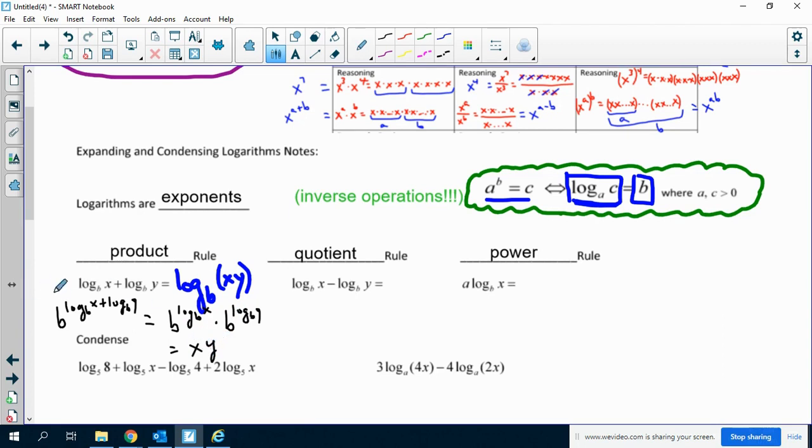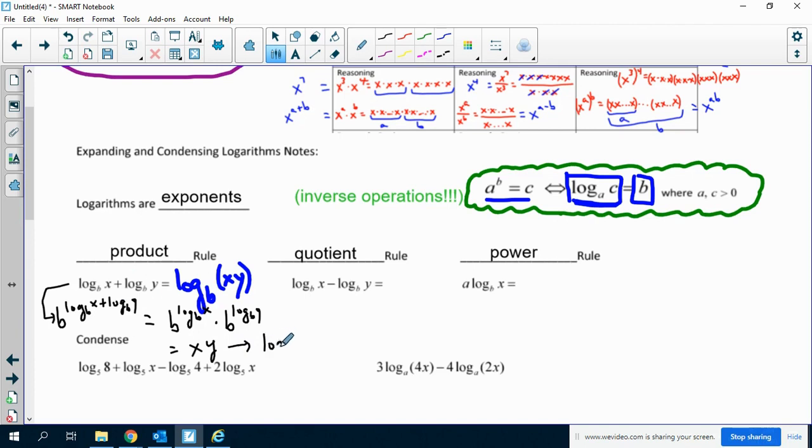Now remember, what did I actually do? This is not identical to this. I took b to the log base b of x plus log base b of y. So the way I can go back to what I originally did was, since I took b to both sides, I would then have to take a log base b to get it back to what it originally was.